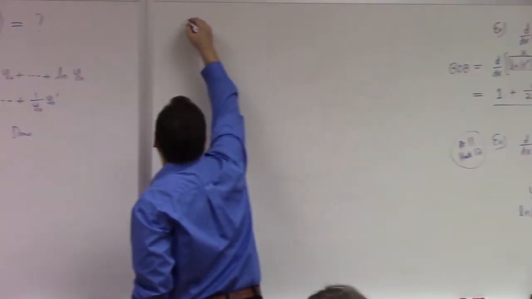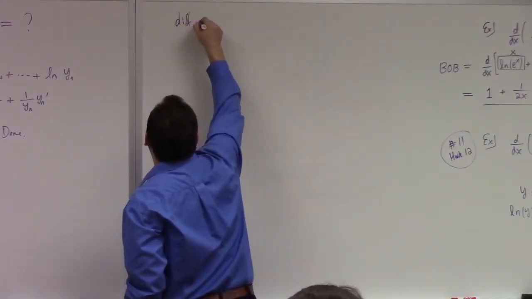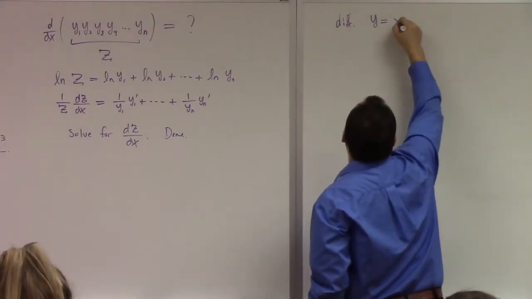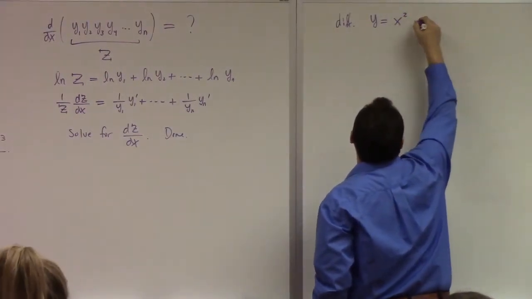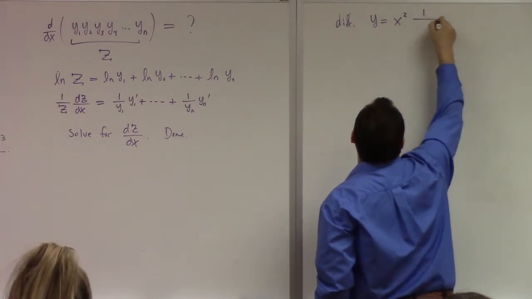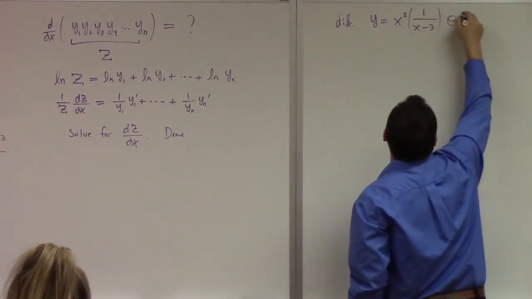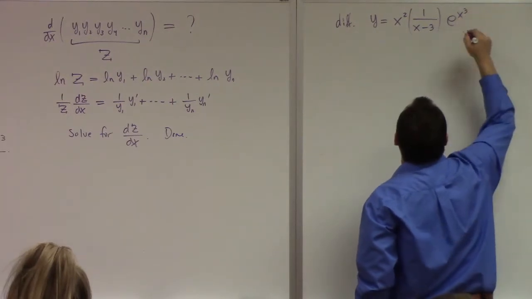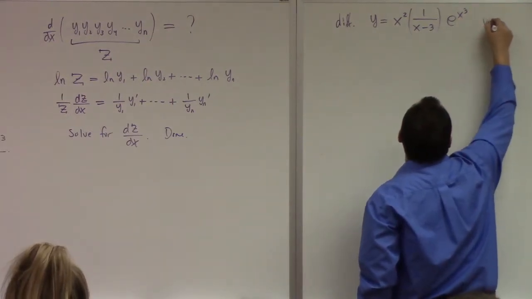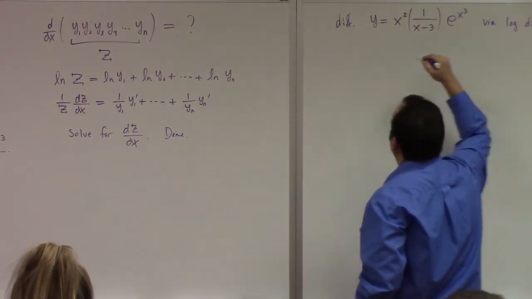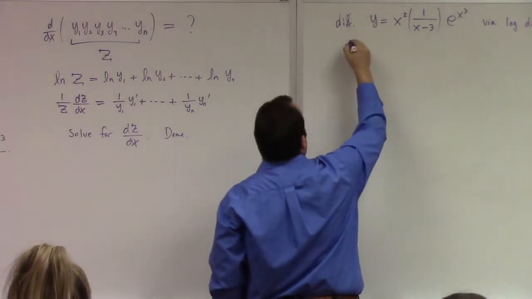So if I wanted, for example, to differentiate y equals, let's say, x squared times 1 over x minus 3 times e to the x cubed via log differentiation, how does that work? Let me draw the steps for you.